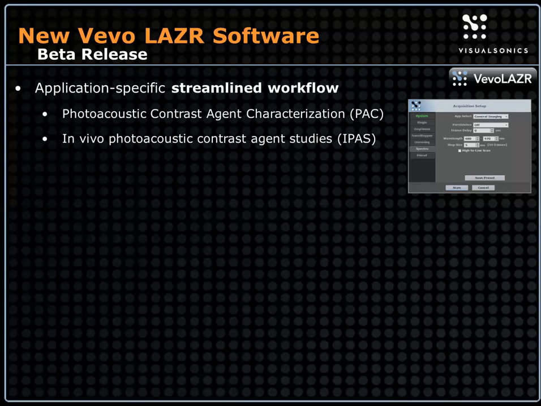So instead of having kind of a completely open system where everything has to be done manually, we're trying to really streamline the workflow with an eye to how to characterize the contrast agent that you happen to be using, and then how to collect images and quantify the signal that's derived in vivo from that contrast agent to do your molecular imaging.